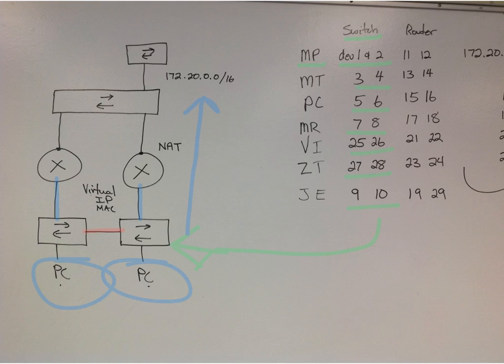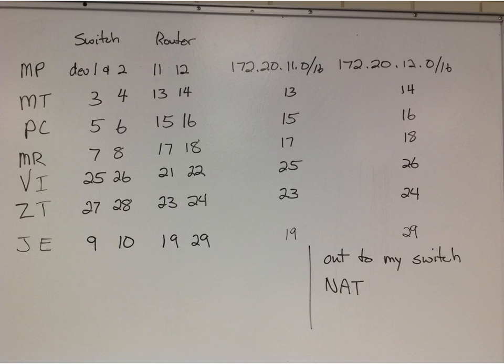So for the routers, 11 and 12, 13, 14, 15, 16, 17, 18, 21, 22, 23, 24, 19, and 29. Okay, for everybody. So look at this. Here we have the addresses. So for, as an example, Mariah, 172.20, 11, and 12. She can use one or both or whatever she wants to do.